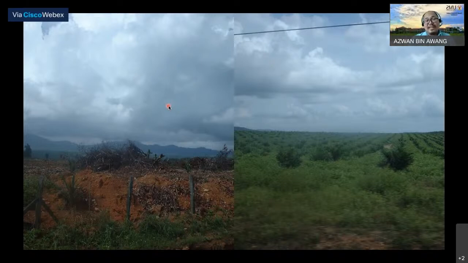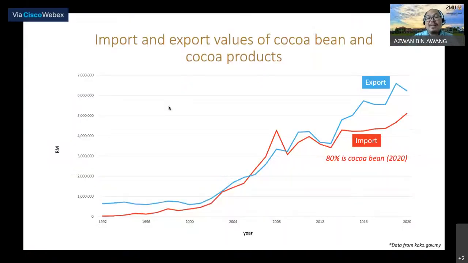If we talk about cocoa industries, people are converting to more lucrative crops. But of course, the cocoa industry is benefiting the country by exporting mostly semi-finished products. But we also import lots of cocoa beans.